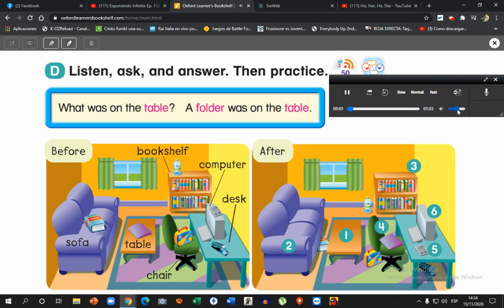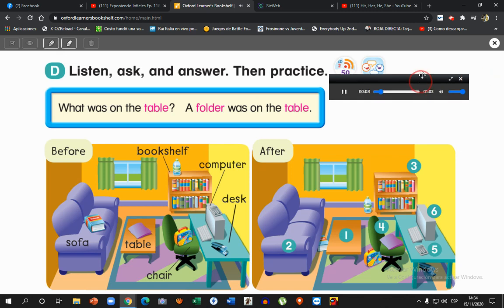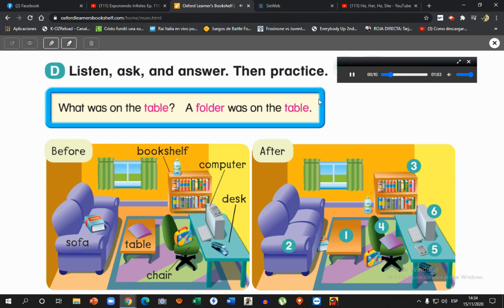Page 73. D. Listen, ask, and answer. Then practice. What was on the table? A folder was on the table. 1, What was on the table? A folder was on the table. 2, What was on the sofa? A dictionary was on the sofa. 3, What was on the bookshelf?